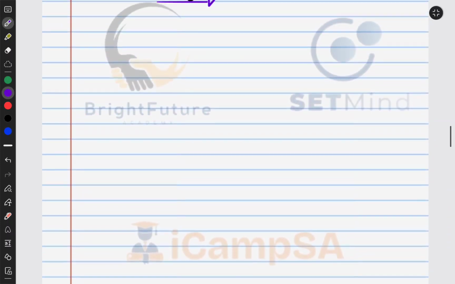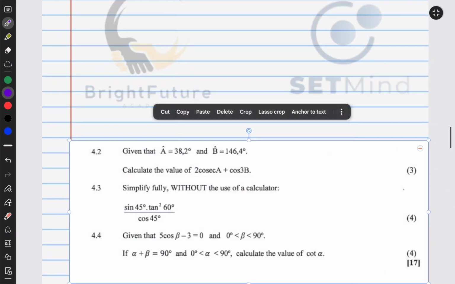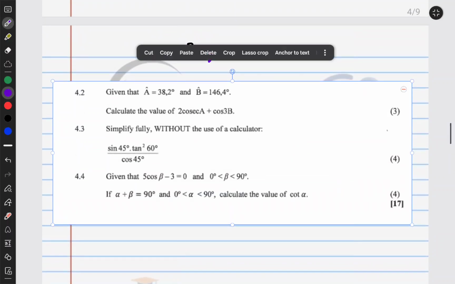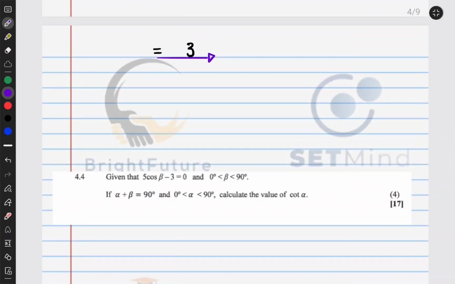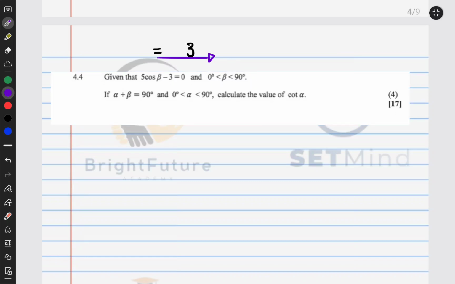Given what we are given there, let's see what we have to determine. Given 5 cos beta minus 3 is equal to 0, and beta is found between 0 and 90 degrees.